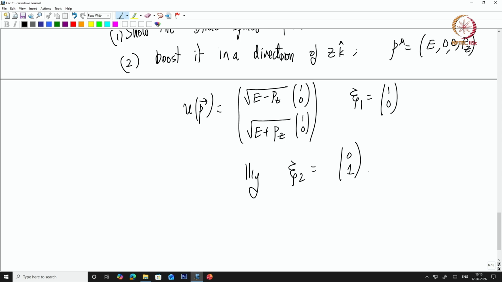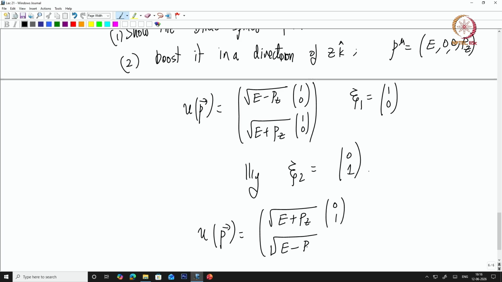So, that solution, for example, would be u of p equal to root of E plus P z times (0, 1), root of E minus P z again times (0, 1).